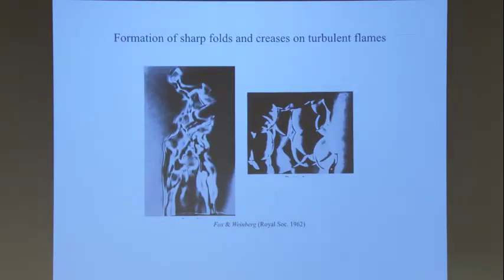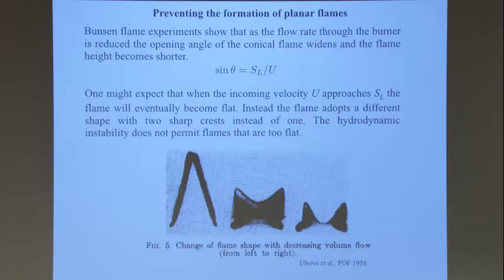This is another example taken from an older paper: in turbulent flames very often these folds and creases are created, and it's believed to be associated with the Darrieus-Landau instability. I mentioned briefly this before.